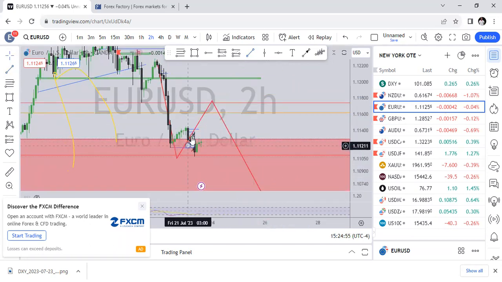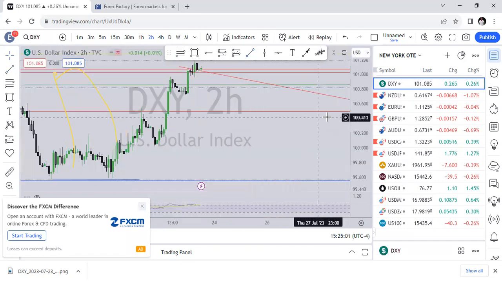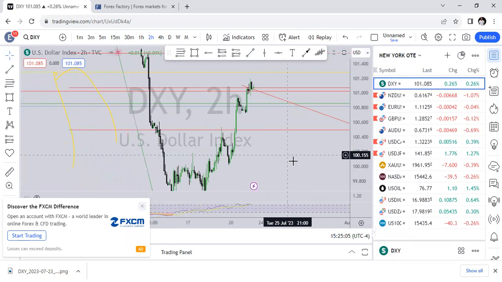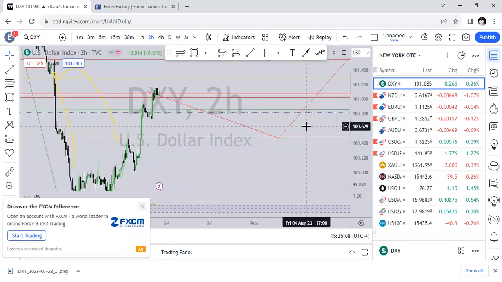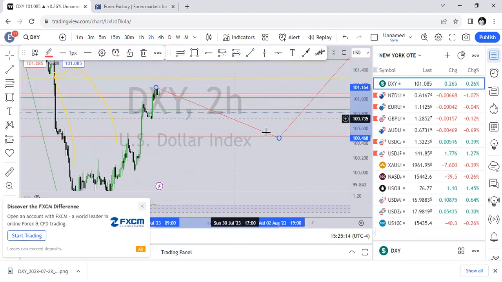And this leg, this pullback, if we go back to what we were expecting, because the Euro USD does exactly the opposite of what the dollar index does. So in the dollar here, we were expecting this pullback.